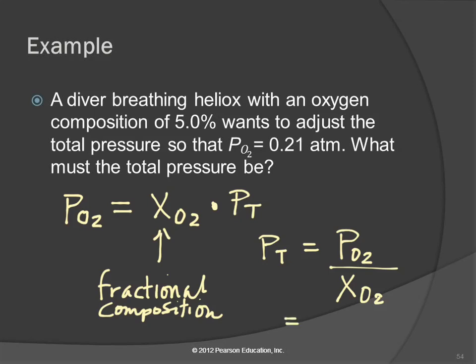The partial pressure of the oxygen that we want is 0.21 atmospheres. And the fractional composition of the gas is 0.05. So we get 0.21 divided by 0.05 equals 4.2.